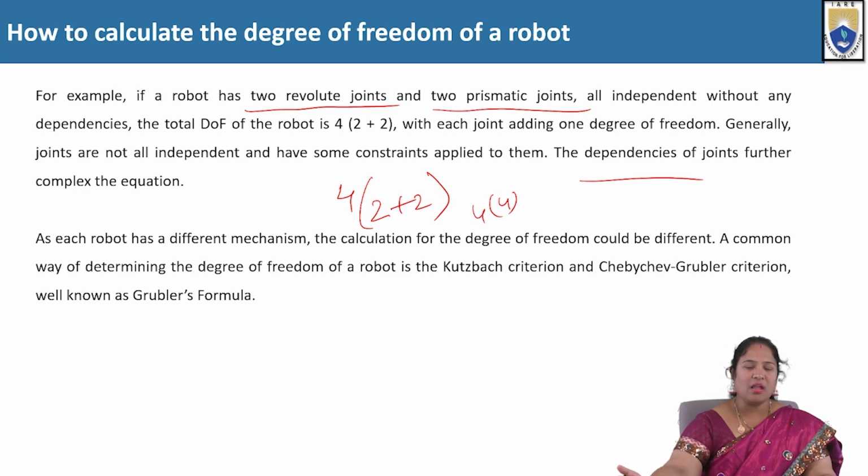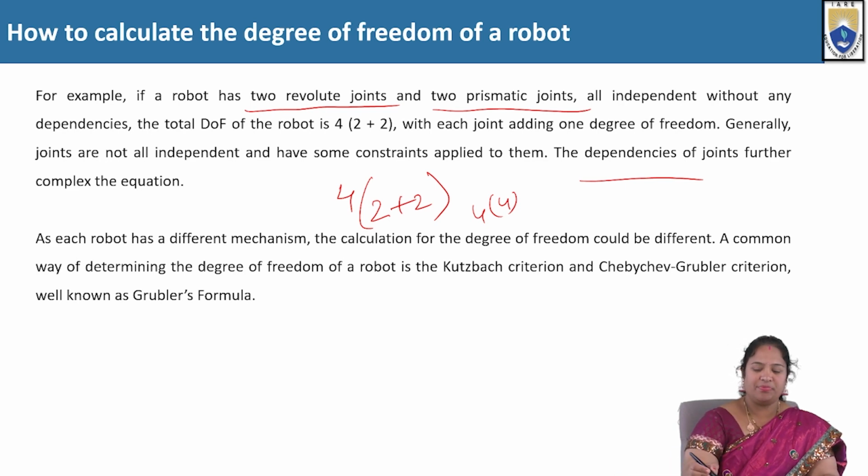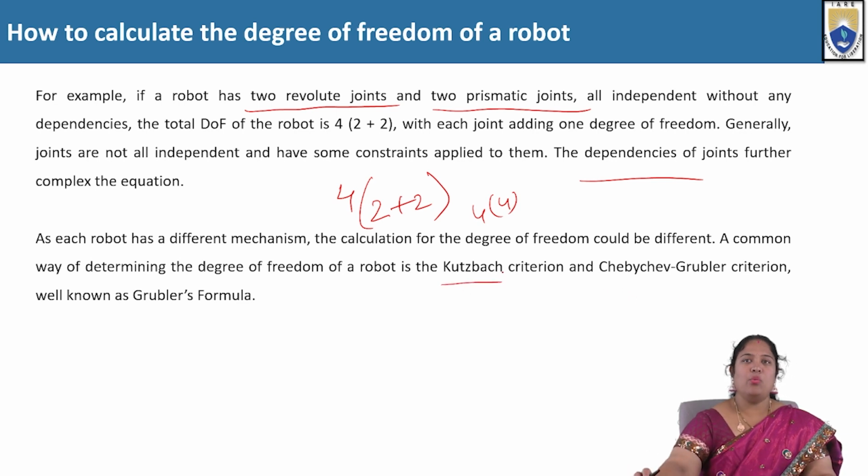So here we have come across the scientist called Kutzbach, who has given an equation or derivation for the degrees of freedom, stating that each robot has a different mechanism.